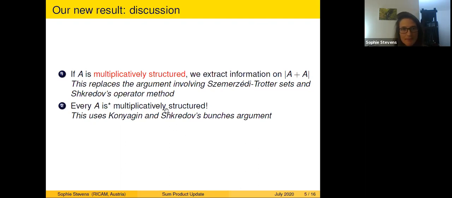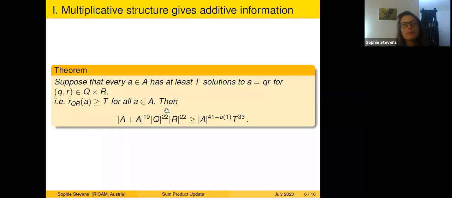Great. All right. So our aim for now is going to be to show that if we've got multiplicative structure on our set, then we've got some additive information. So again, this multiplicative structure: we're going to suppose that every element of our set A has got at least T solutions to the equation A equals QR.